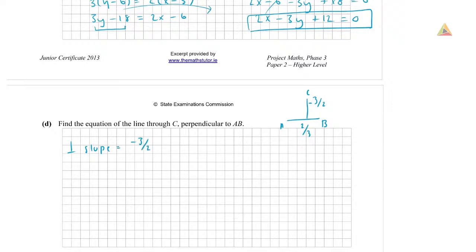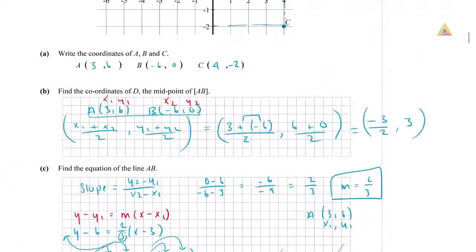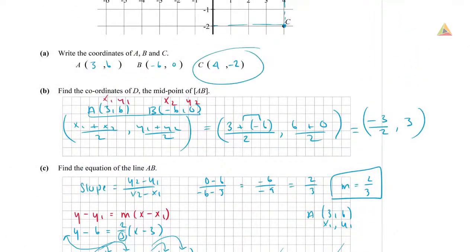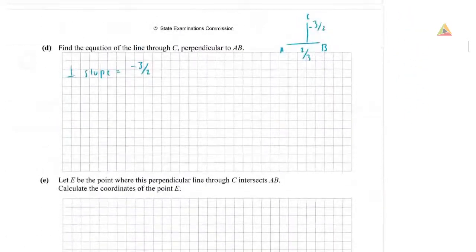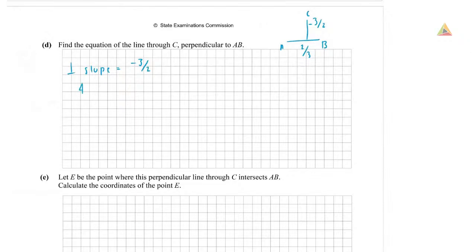And the line through C, we'll go back and get the point C, which is (4, minus 2). So I'm going to write that down. So (4, minus 2). And we're going to label that x1 and y1. So the formula again is y minus y1 is equal to m(x minus x1). So you're literally just filling it in.